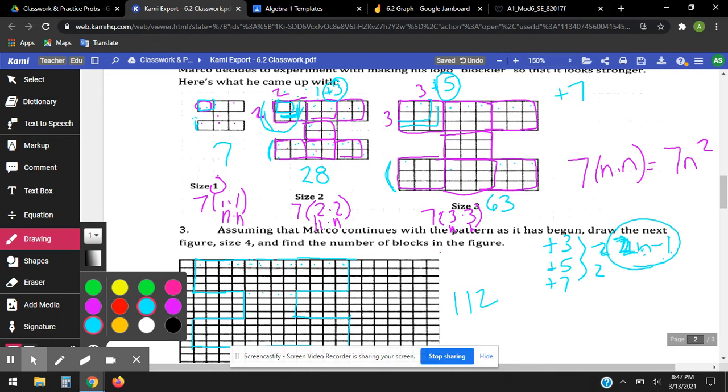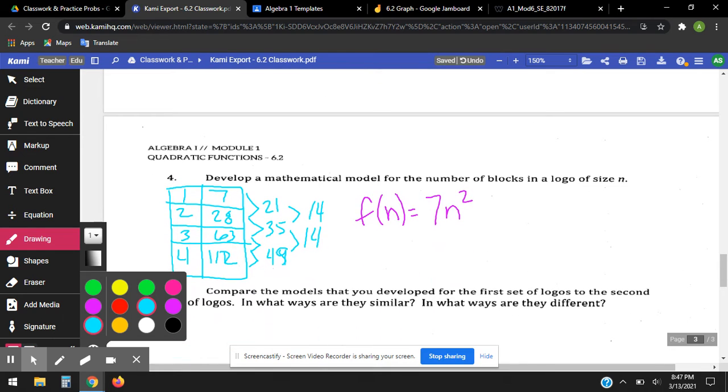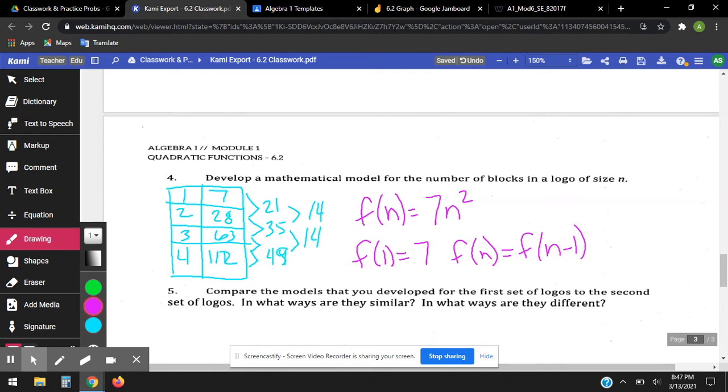So this is what I'm adding each time. To do my recursive, it's a little more complicated. I'm going to do f of 1, I started with 7, then f of n equals my previous term, f of n minus 1, plus 2n minus 1.